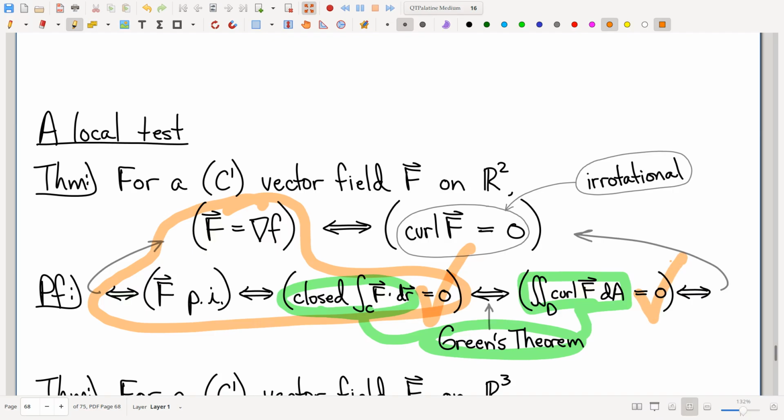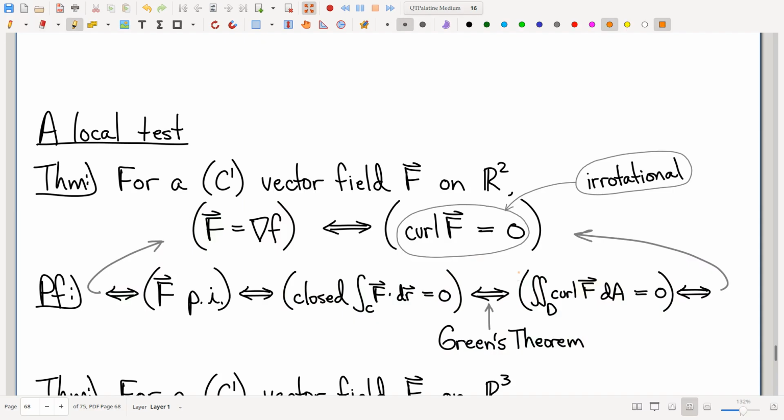Everybody see how I did that? And now let's look at this statement. And I want to think in particular about this expression, the curl. What does this orange statement tell me about this curl function?